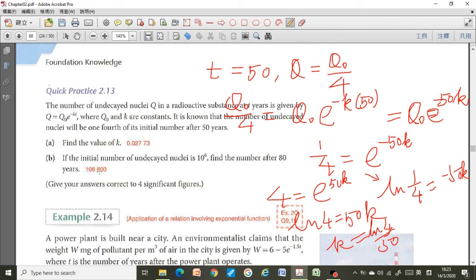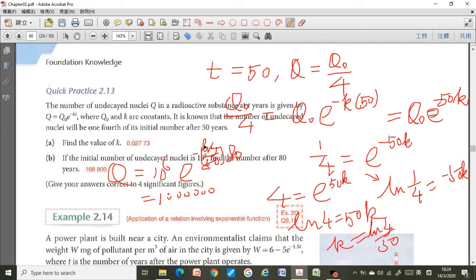In this expression, we will have the number of nuclei after 18 years is equal to 10 to the power 6, the initial value, times e to the power negative log 4 over 50 times 18.